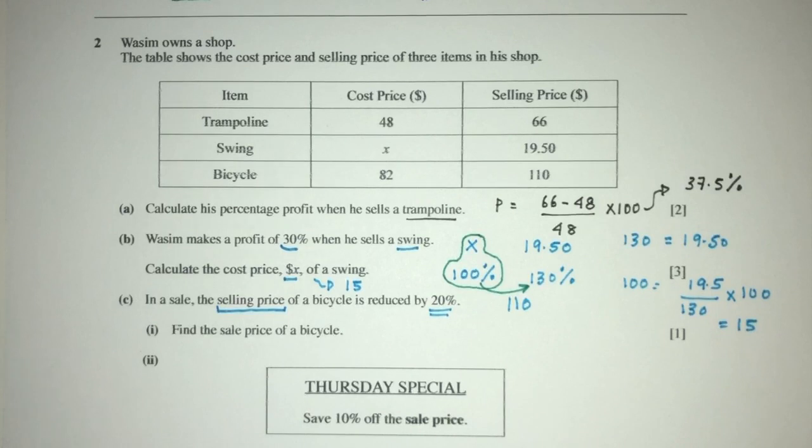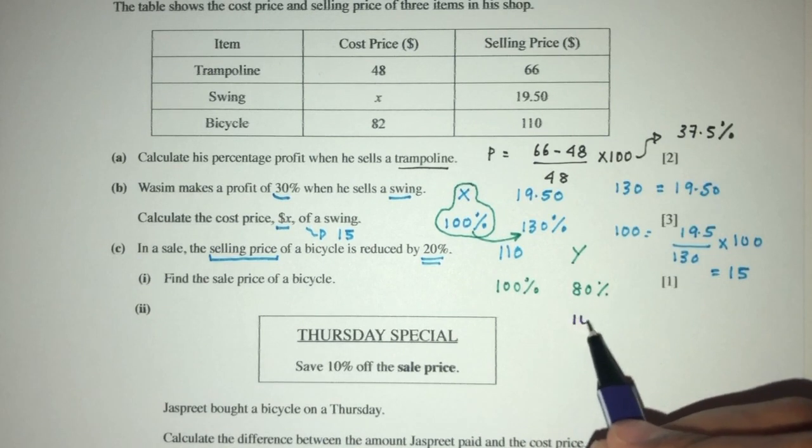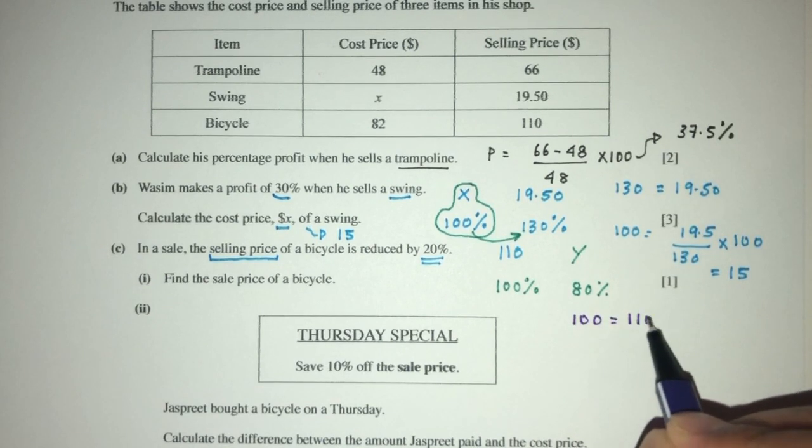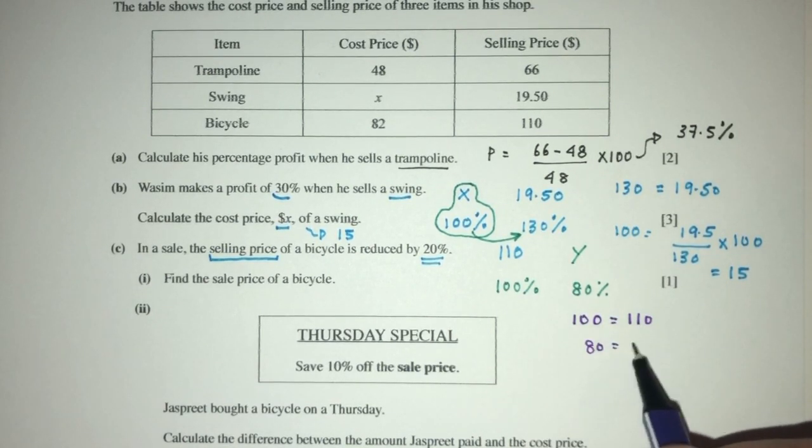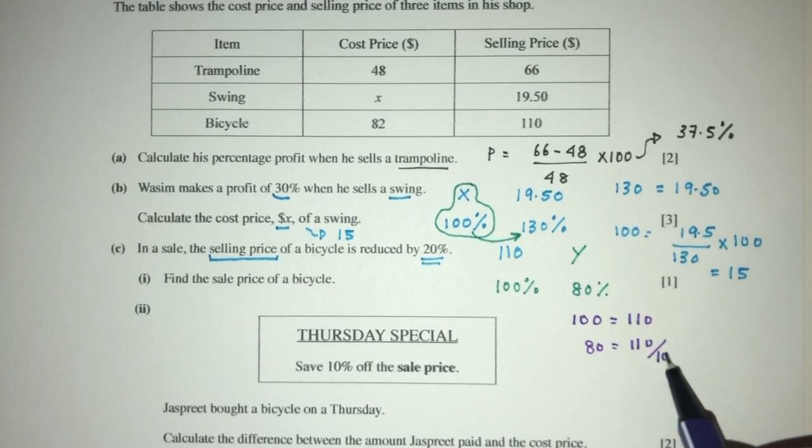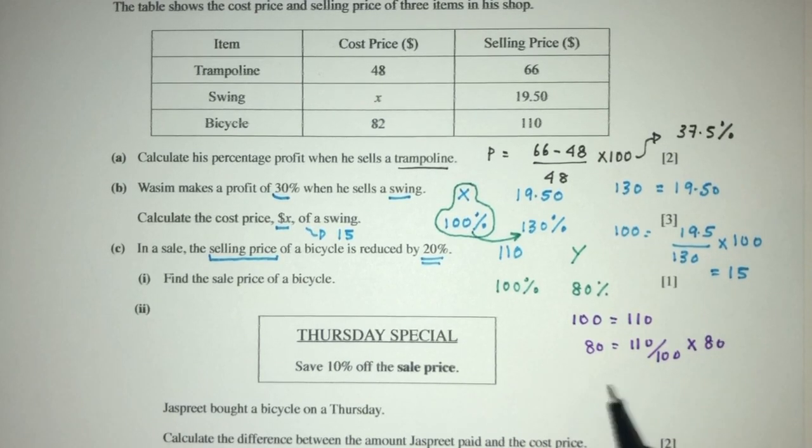Again, from the selling price, we are looking at this as the initial price. It will be 100%. Now reduced by 20%, that will be 80%. So to find the sale price, pretty easy, again use the ratio. 100 is equal to 110. So 80 will be 110 over 100 times 80.